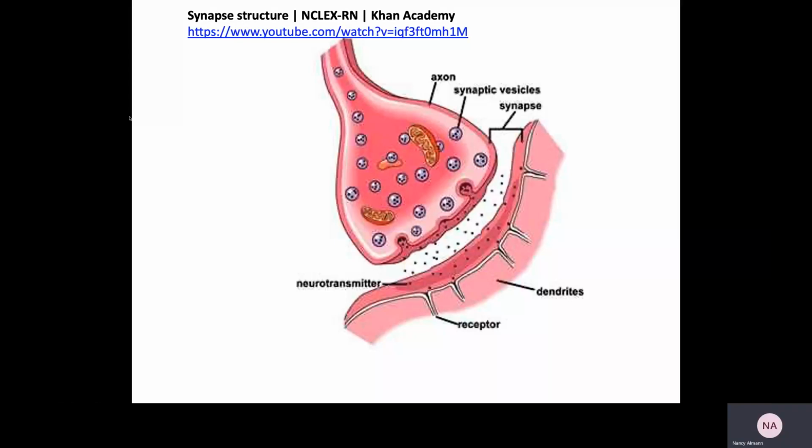It will diffuse across the synaptic cleft. It will get picked up by receptors on the motor end plate and trigger a cascade of events that will lead to skeletal muscle contraction. Same idea here, except in this case, we're talking to another neuron. And how do we know that? Because the word dendrites is right there.